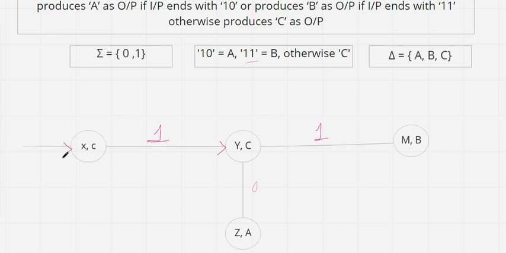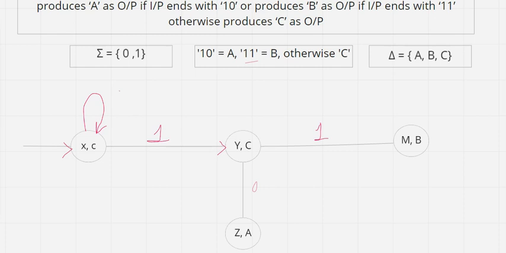I hadn't given the initial state arrow sign, so I have given it now. This state X has a transition for only 1, but not for 0. Initially I can start with 0, as there is no restriction for 0, so I can take a self loop here. This self loop explains the input string 0. I think it's clear to everyone.